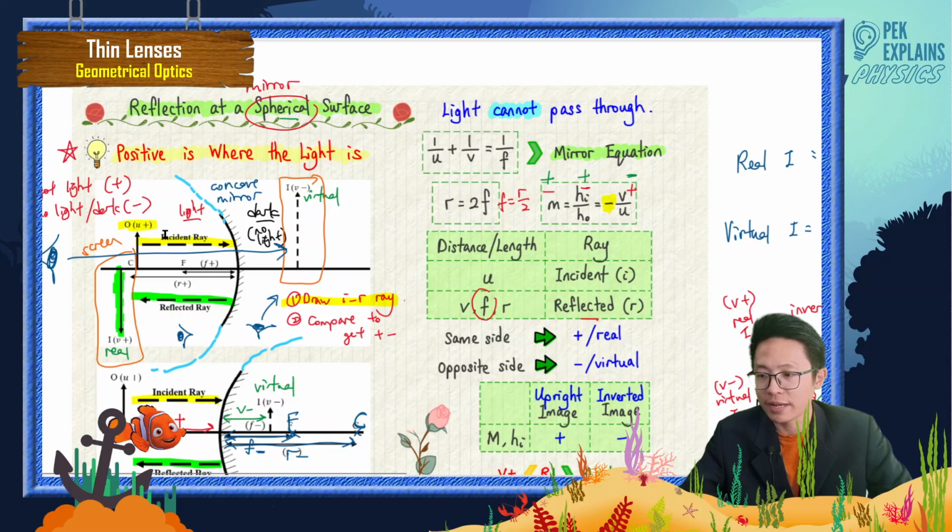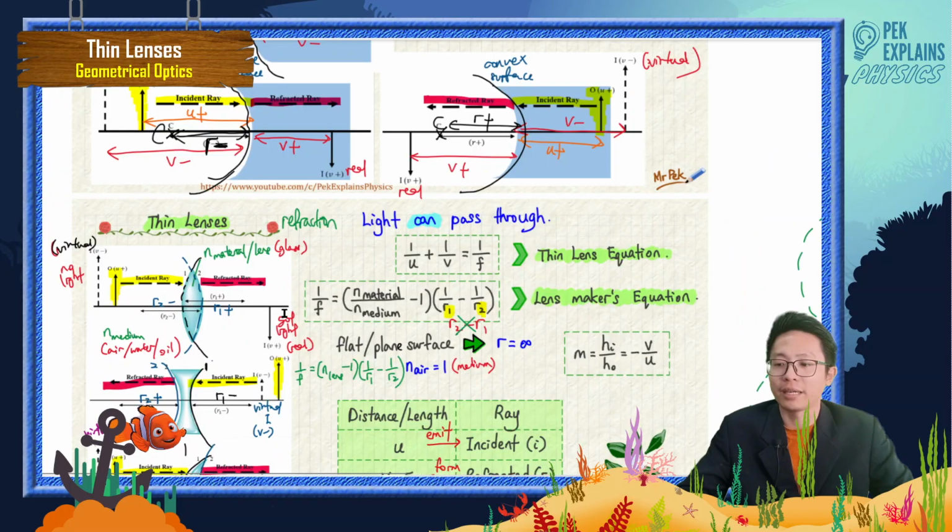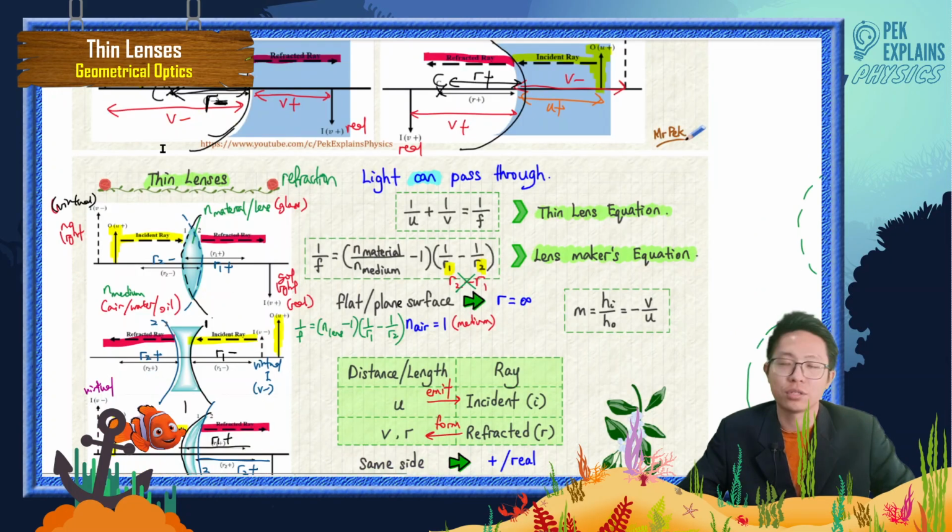The incident ray is on one side and the refracted ray on the other side. That's what makes them opposite, and it makes the characteristics of the image for mirror and lens become opposite.